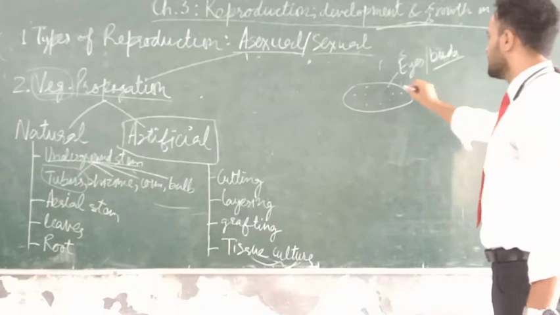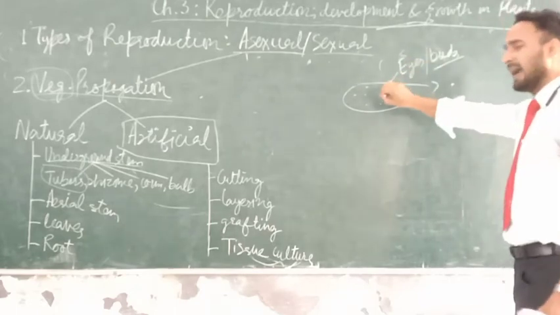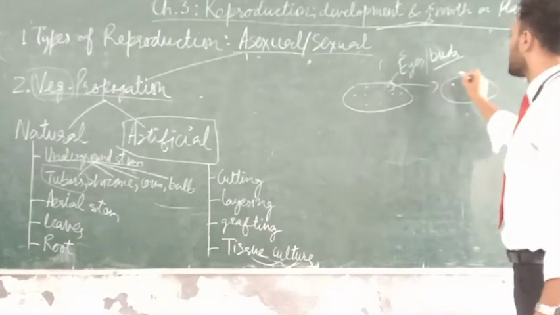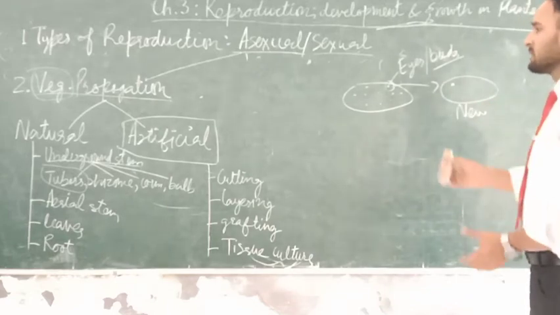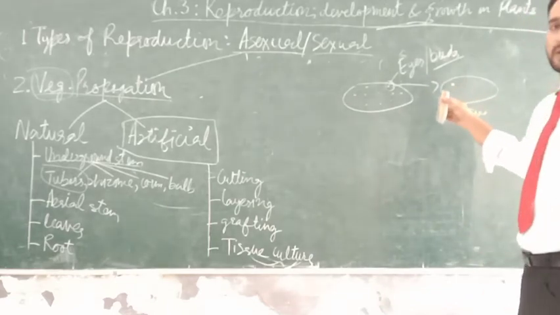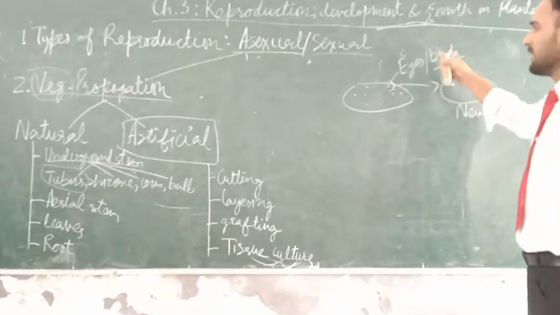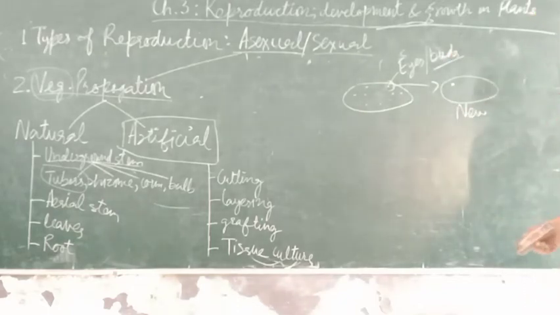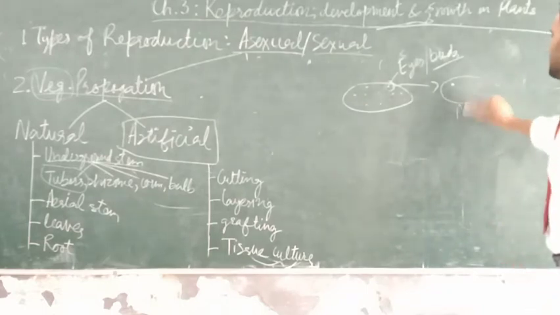When these buds get detached from the parent or remain intact with the original tuber, they are capable of growing into a new plant. So the potato tuber is an underground stem which has dots called eyes or buds, and it is an example of underground stem.